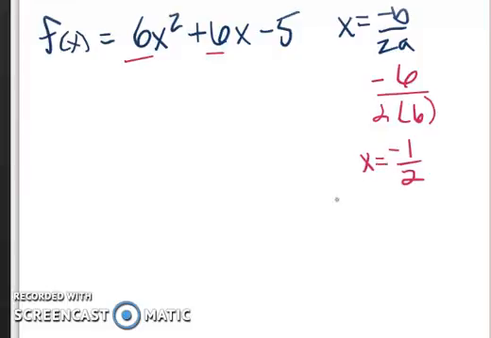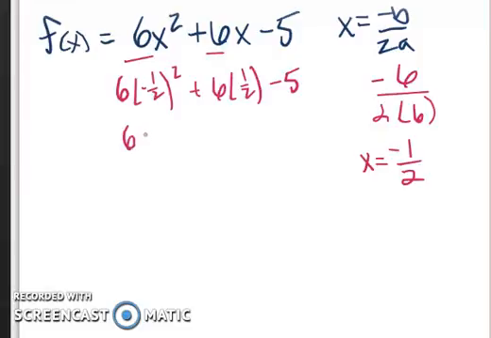Okay, now this is going to get a little tricky here. We're going to get some fractions, but we'll be okay. We'll make it through. So I'm going to do 6 times negative 1/2 squared plus 6 times negative 1/2 minus 5. This is going to become 6 times 1/4 plus negative 3 minus 5.